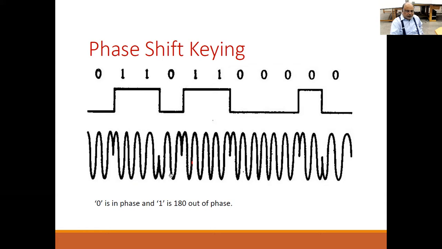When it was out of phase, you send 0, and so on. This would be called phase shift keying, and it was only possible because of the phase lock loop. A phase lock loop could easily tell you whether a signal was in phase with some other signal, or 180 degrees out of phase, and so on.